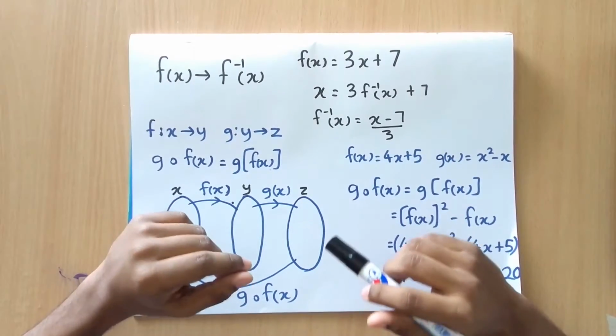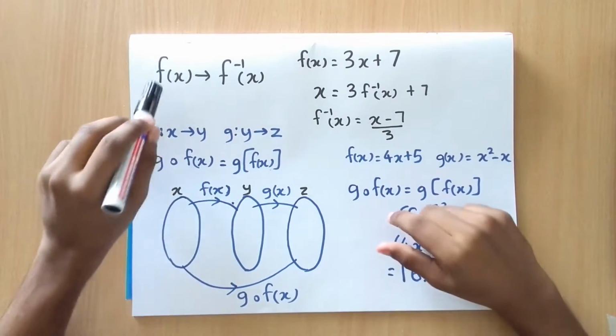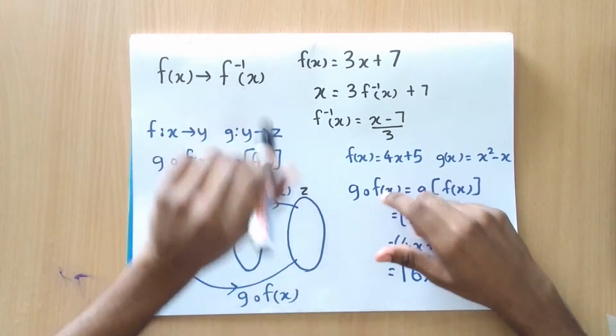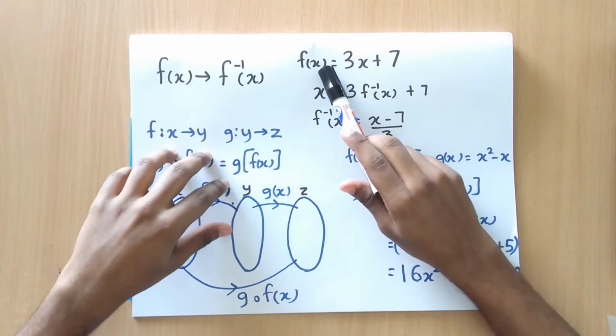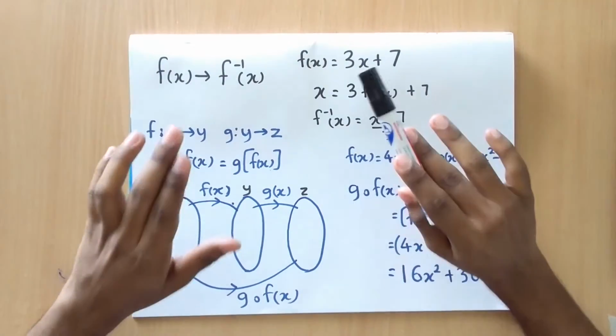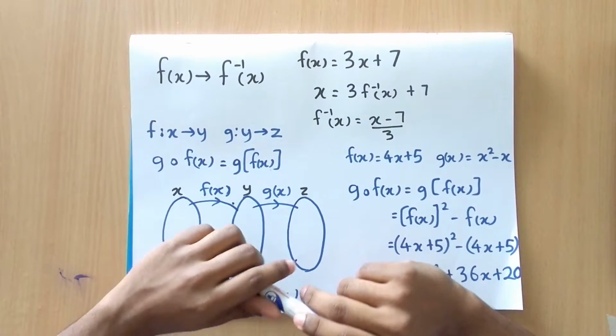Now, let's find out the inverse of a function. An inverse of a function f(x) is written as f inverse x. Consider this function f(x) equals 3x plus 7. There are two steps to find the inverse of the function f(x).